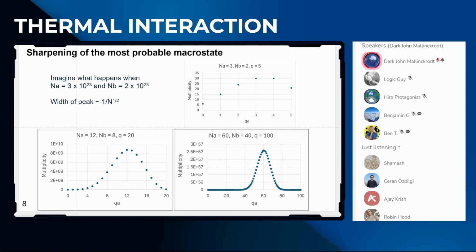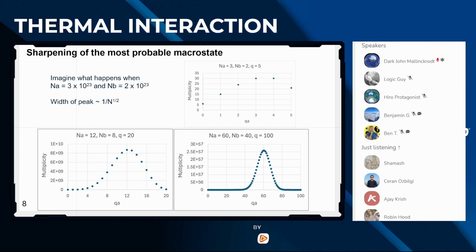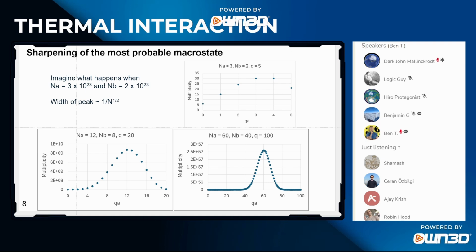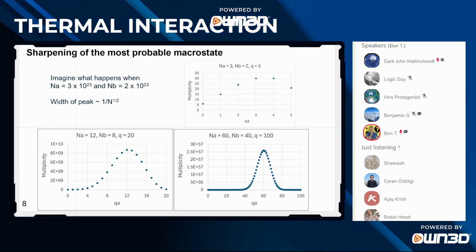That's 10 raised to the power of a number with 10 to the 23rd. It's not 23 zeros after the 1, it's 10 to the 23rd zeros after the 1. Yeah, that number has 10 to the 23rd digits. That's a really big number.